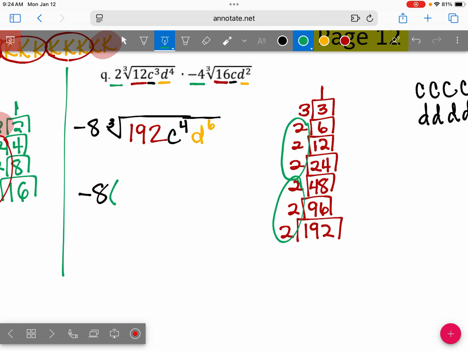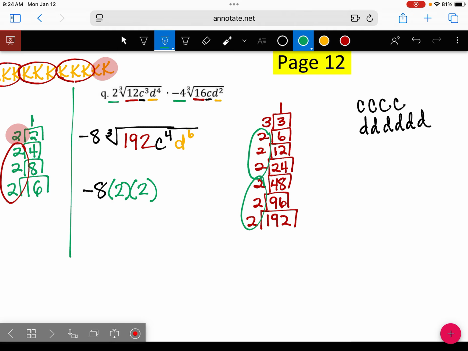So I'm going to bring out 2 2s like that, because we got 2 sets we can bring out. And then I have 1 set of cats, 2 sets of dogs. All right, and what's left under would be a 3 and a C.